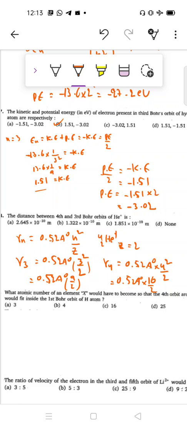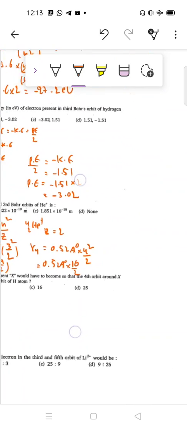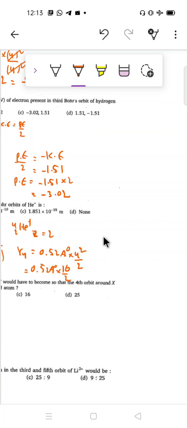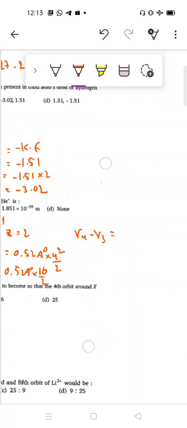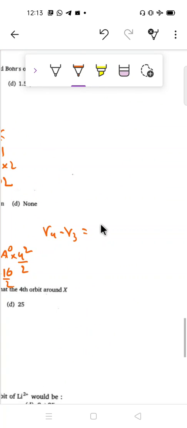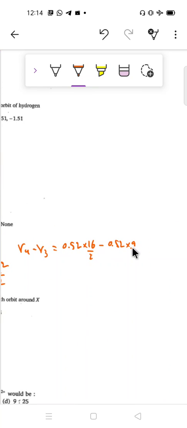Okay, let us subtract one from the other. R4 minus R3 is equal to 0.52 into 16 by 2 minus 0.52 into 9 by 2.